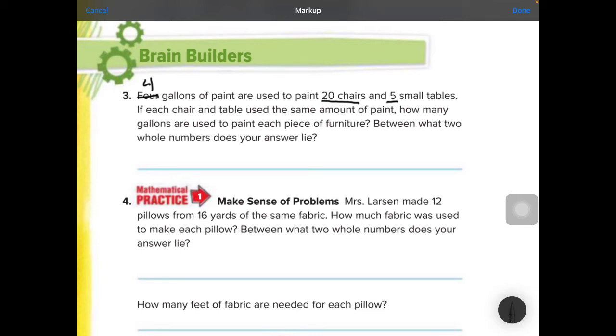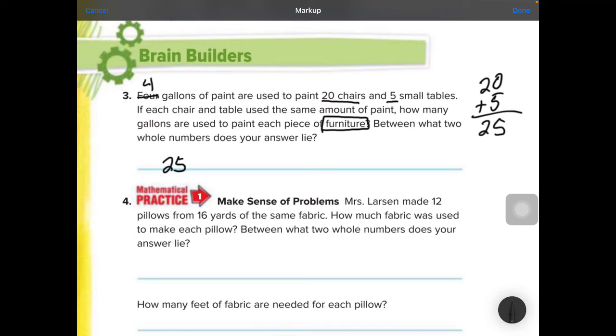Okay, don't get confused. This is a brain builder, so there's 3 steps. Here's your clue, furniture. It doesn't say chairs or tables. It says furniture, which means you need to combine the chair number and the table number. Chair number's right here, table number's right here. So total pieces of furniture is 25.